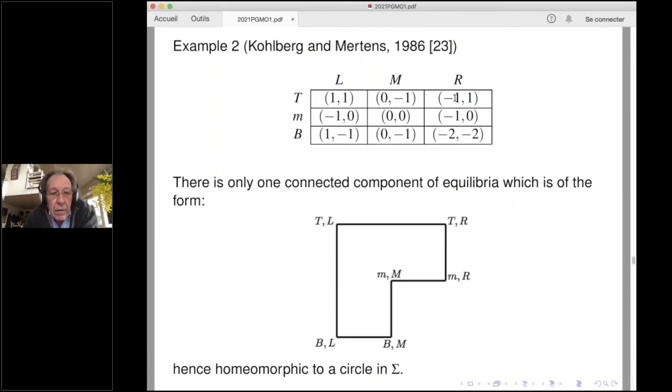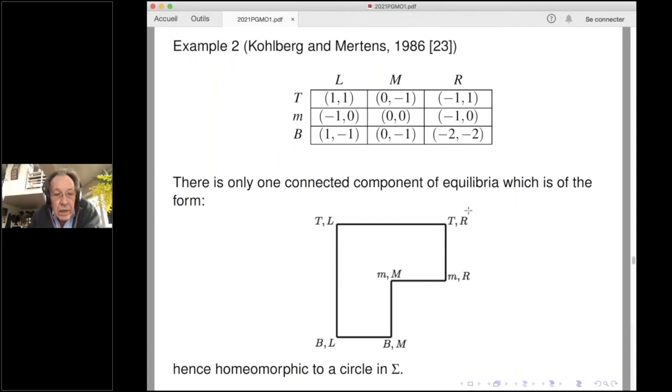Okay, and then you have all this mixed strategy here corresponding to top right up to middle right, and all this in the middle, and then it goes down to BM, it goes to BL, and goes there. Okay.